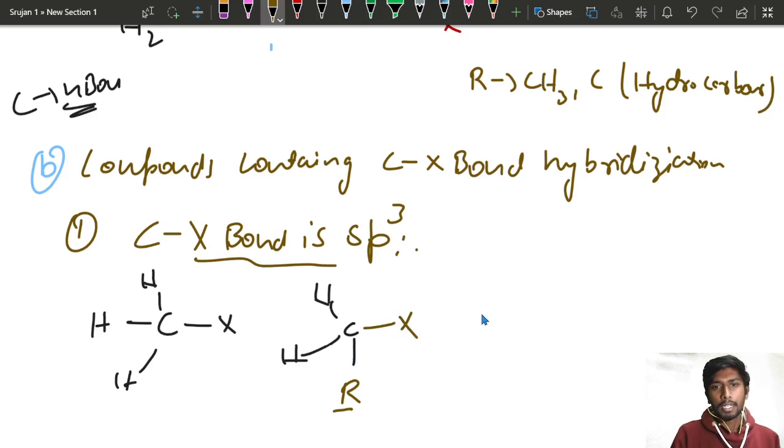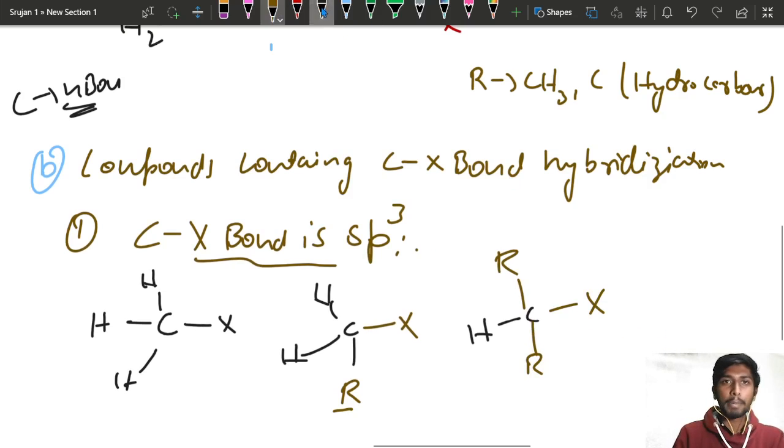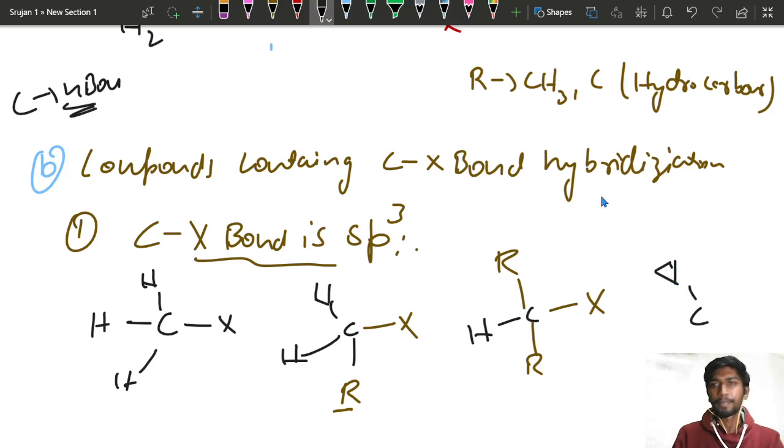Next is the halogen, and the same thing: with six hydrogens, two of the hydrogens are replaced by R groups, and one more is replaced by an R group, so R, R, R and X.